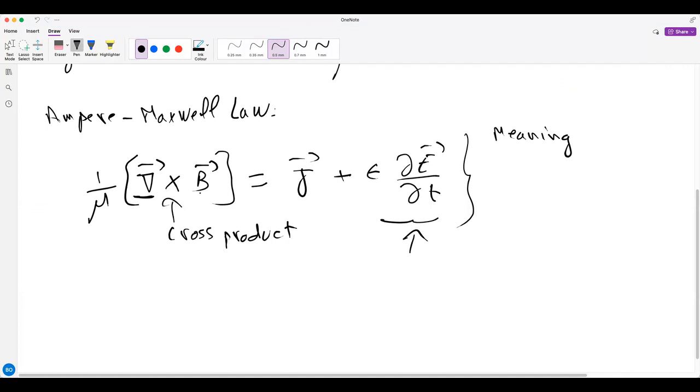Which means if there is an electric field that is changing as a function of time, it will induce a magnetic field, okay? So this is Ampere's law.